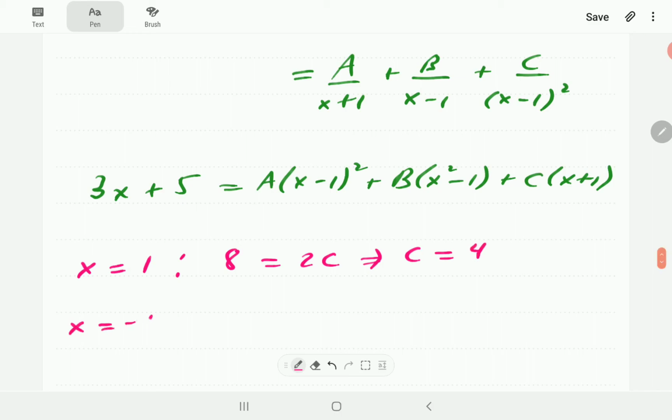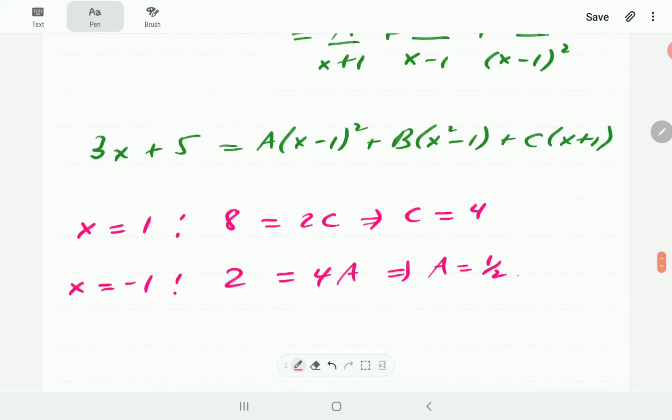We plug in x is negative 1, that's going to be 5 minus 3, and the right hand side is going to be 4a. This is going to vanish and that's going to vanish. So that tells us that a is 1/2.